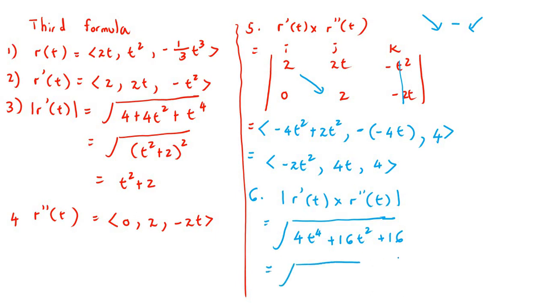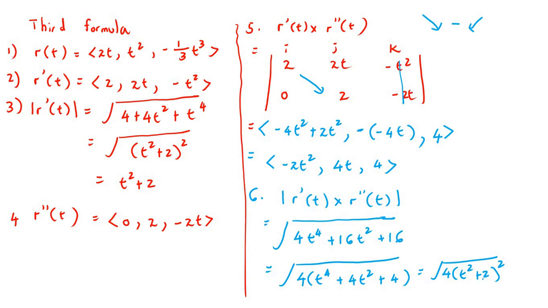Factor out 4, so you have t power 4 plus 4t squared plus 4, which is t squared plus 2 squared.